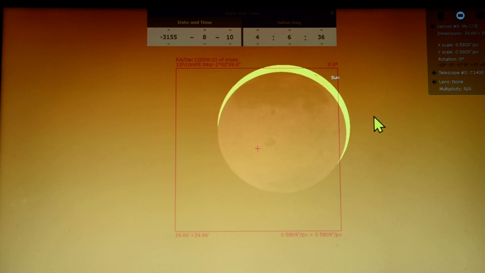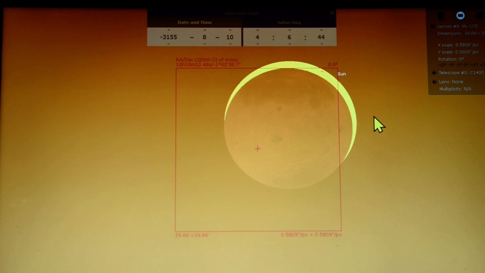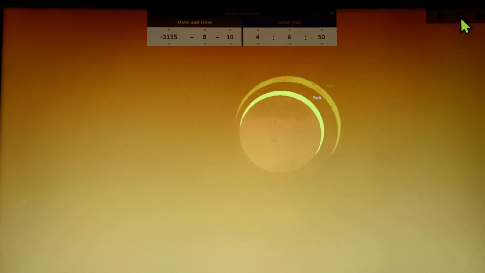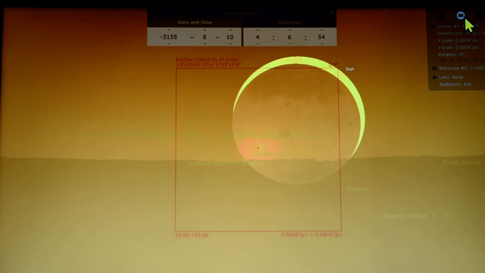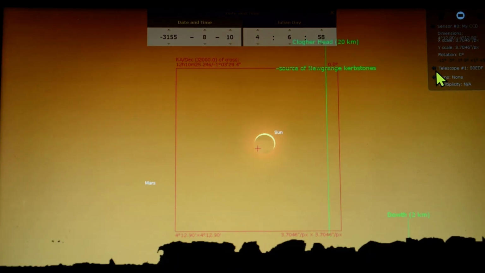And one can almost think of that line across curbstone 86 as a horizon line. If you think of it as a horizon line, then it's very, very similar to what we're seeing here. Let's change the telescope here. Yeah, so there we go.